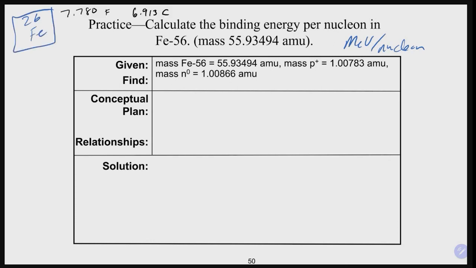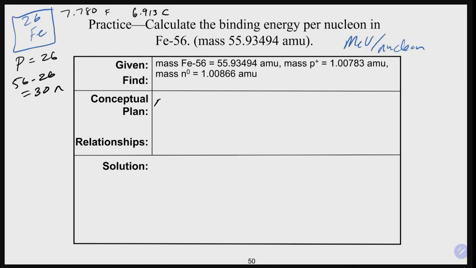Okay, again, we're going to start with our mass defect and our protons and our neutrons. The atomic number here would be our protons. We're going to take 56, which is the mass number, minus 26, gives us 30 neutrons in this case.